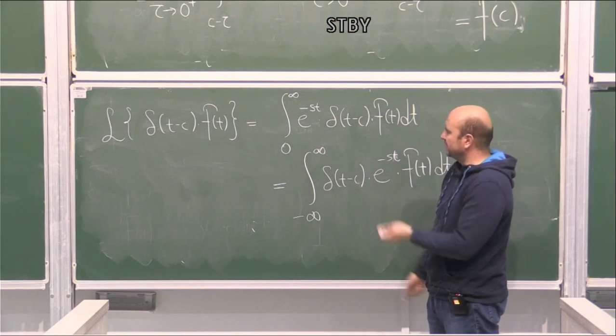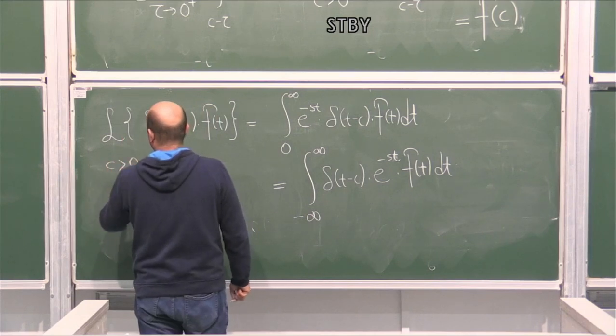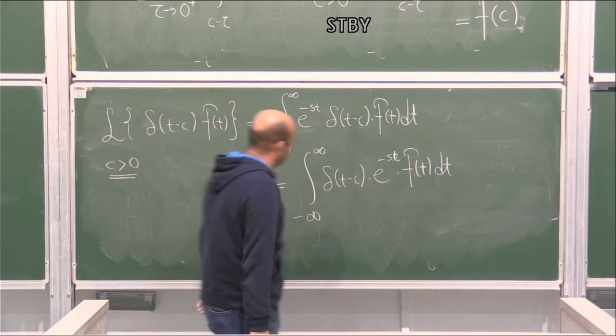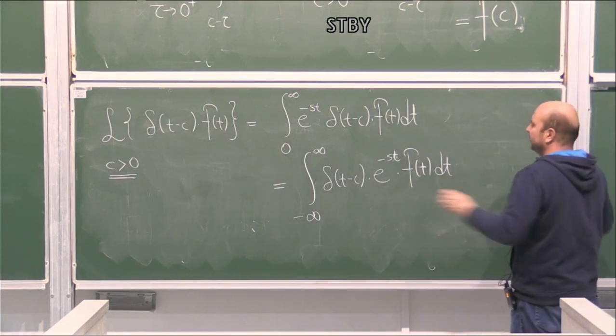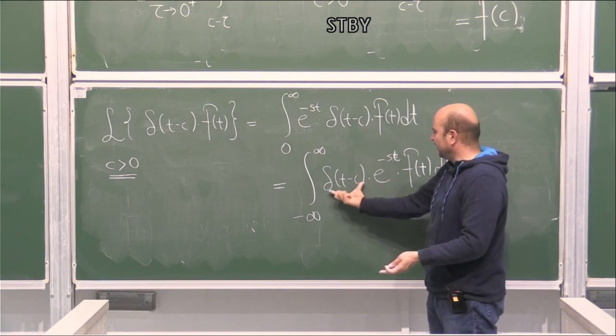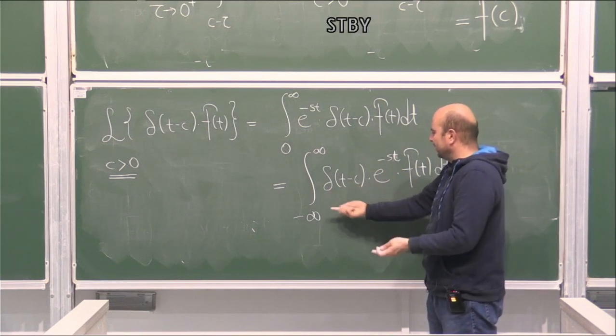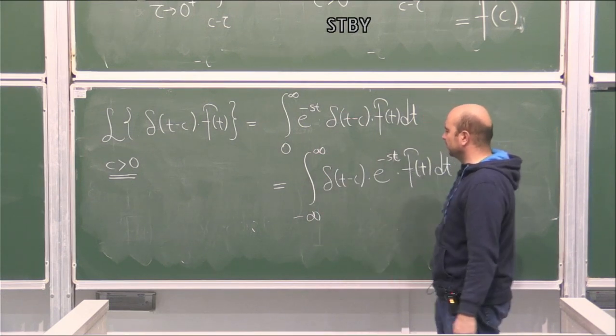I'm assuming, of course, c here is positive. So at a positive point there's an impulse because we are working from 0 to infinity. So between minus infinity and 0, this function is completely 0. That's why I will not get any contribution if I extend my integral.